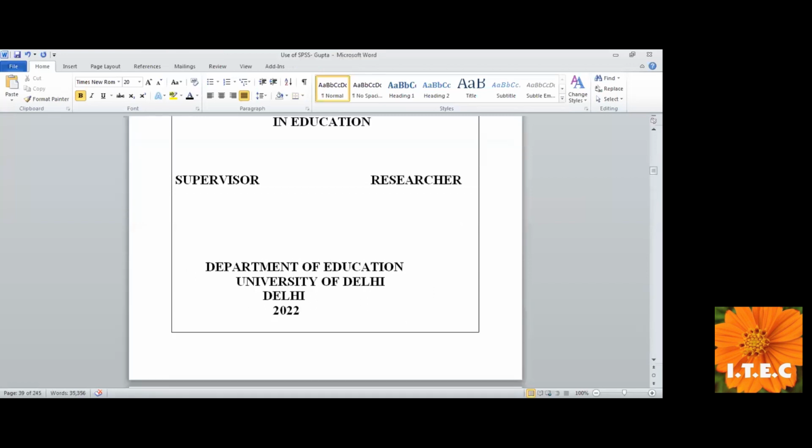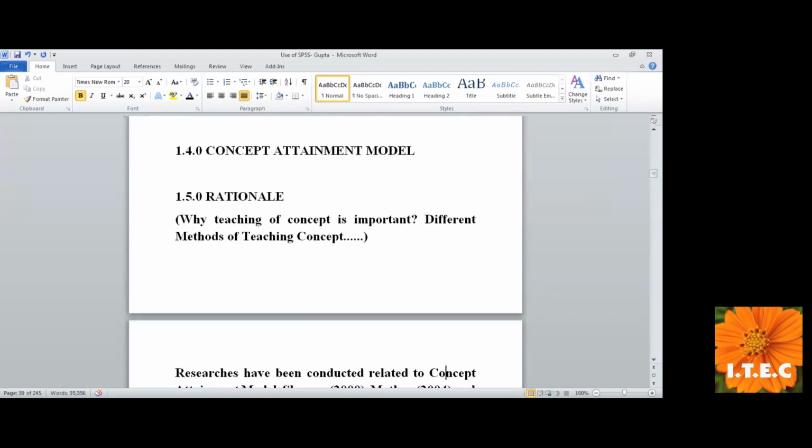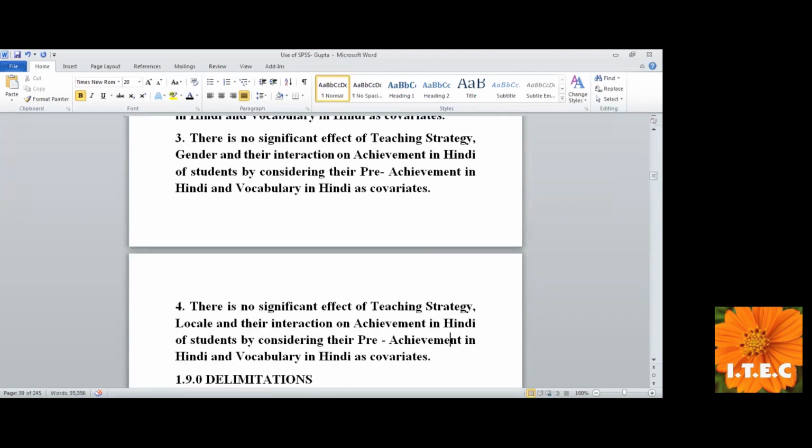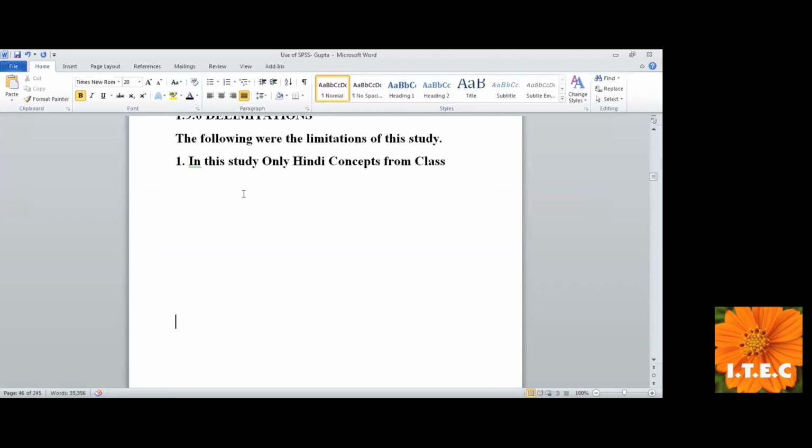I have written class 7. So we say that in this study, only Hindi concepts from class 7 were taken.